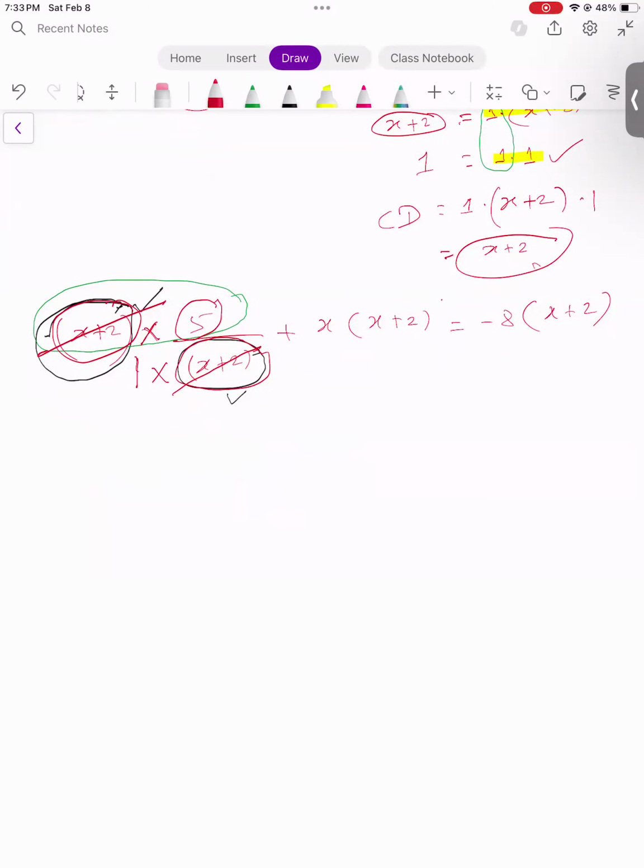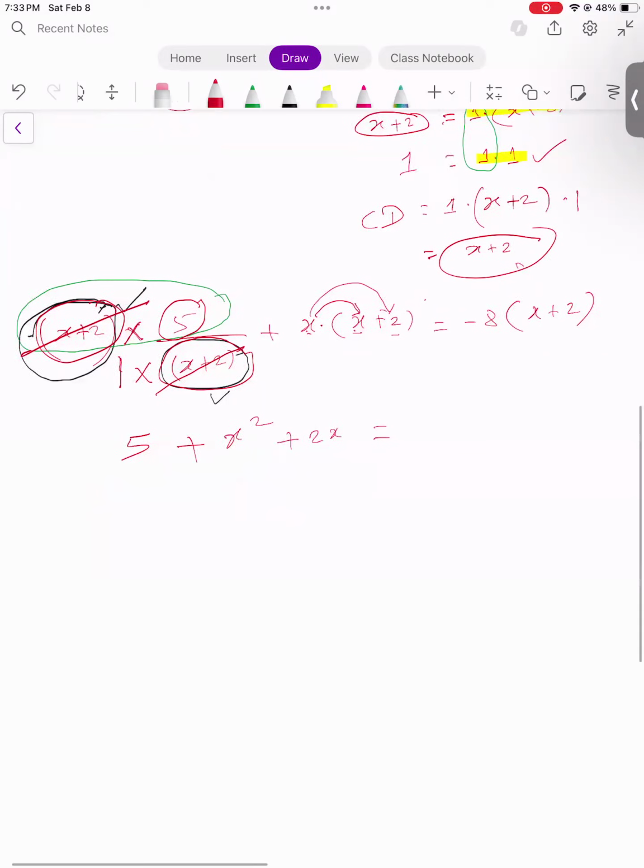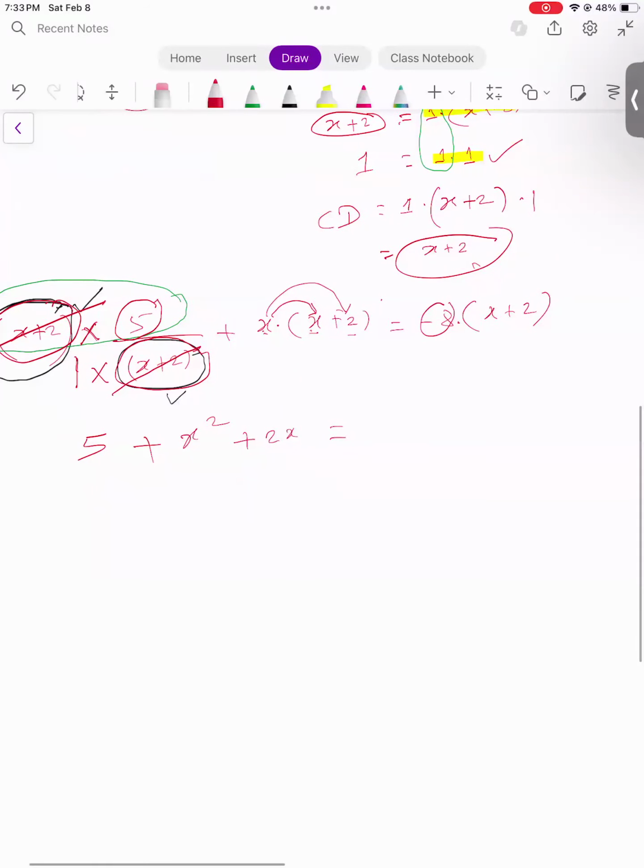After that we are left with positive 5 plus x times a binomial, so you distribute this x to both terms. x times x is x squared, x times positive 2 is 2x, equals, we have negative 8 times the binomial. You must distribute negative 8 to positive x and positive 2.